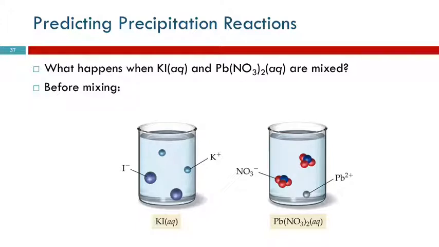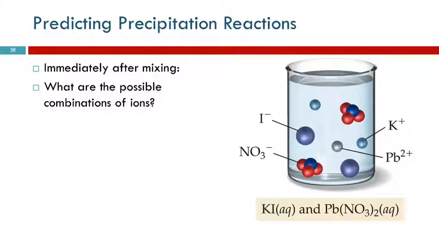So here we've got these two friends and those two friends, and they're going to go to a party. And when they go to the party, now we've got these two solutions mixed in the beaker, and as they mix together, potassium, who came in with iodide, they're friends but nothing special, right? Potassium sees nitrate, and he's like, oh, hi, nitrate.